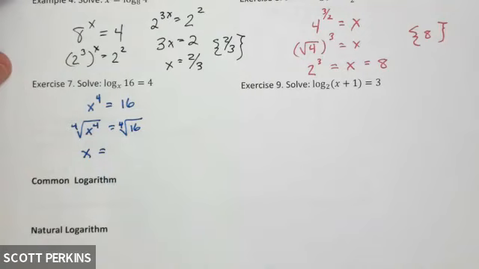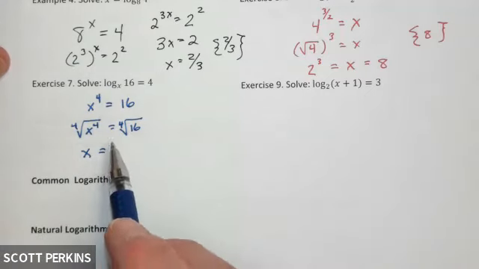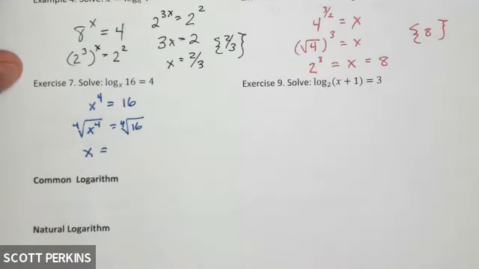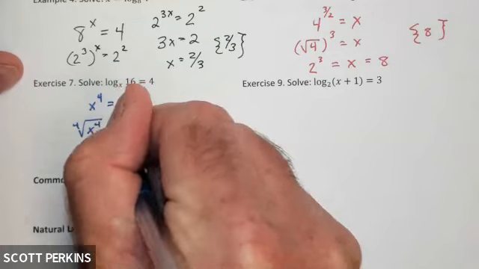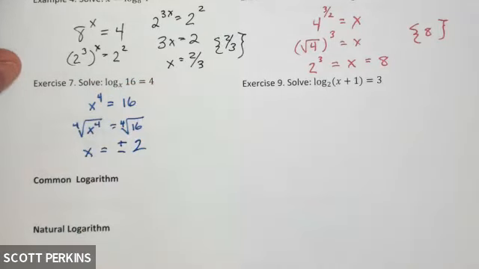Here's the thing to remember. I know there's a bunch of details, and I get it. Math gets like that sometimes. When you take the even index, like a square root or a 4th root of a number, you actually get 2 answers. You get a positive answer and a negative answer. And the 4th root of 16 is 2.